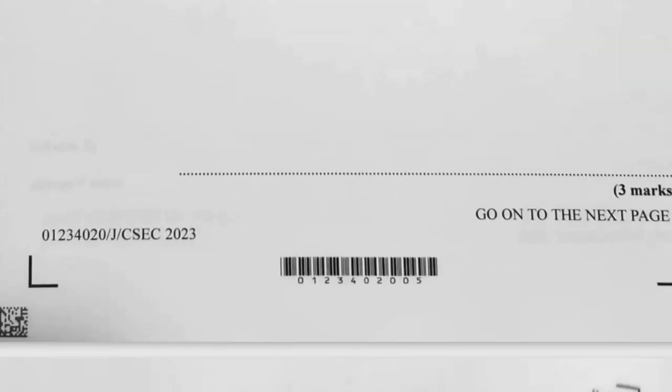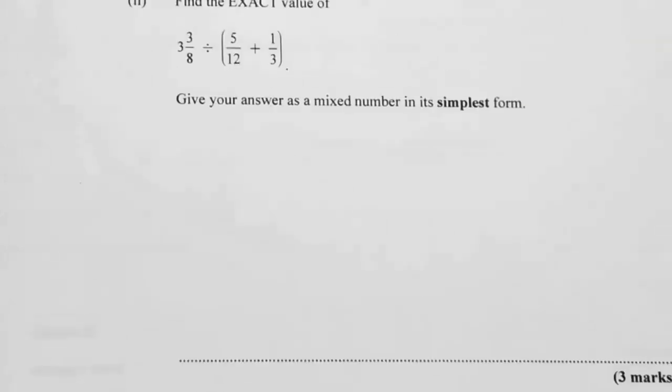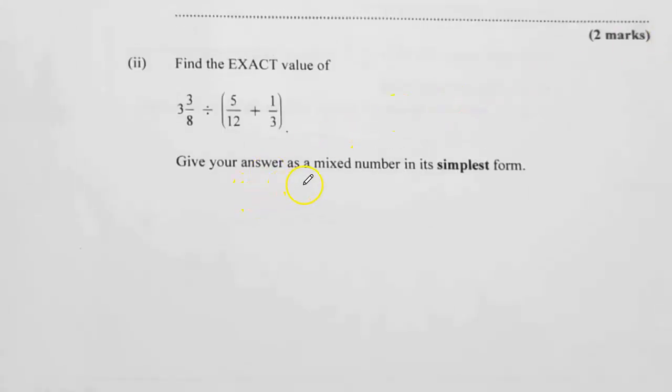Next, fraction. Find the exact value. Of course, we can use our calculator, or we can just show the working. So converting 3 and 3/8 to an improper fraction, 8 times 3, that's 24, and 3, that's 27 over 8, divided by, now in the bracket, we have two fractions here.